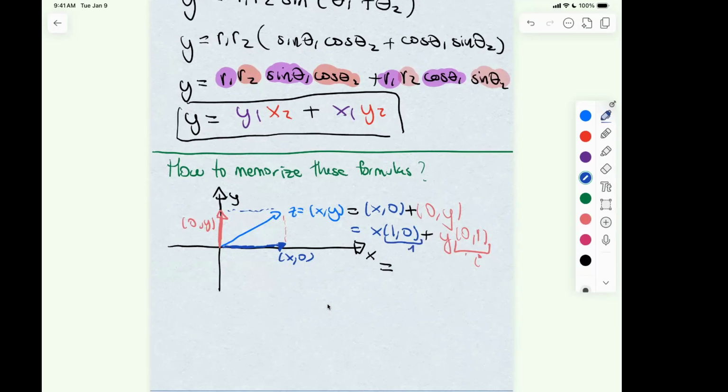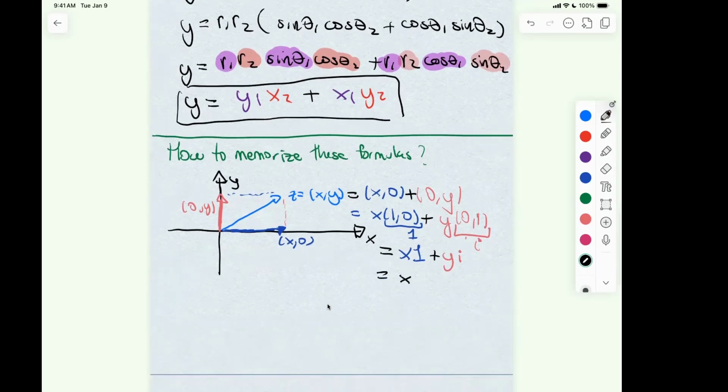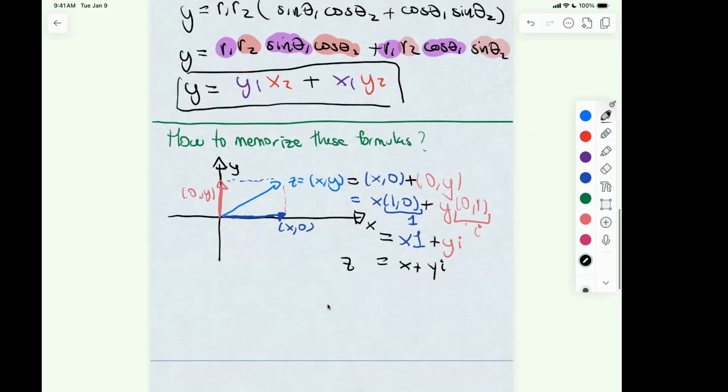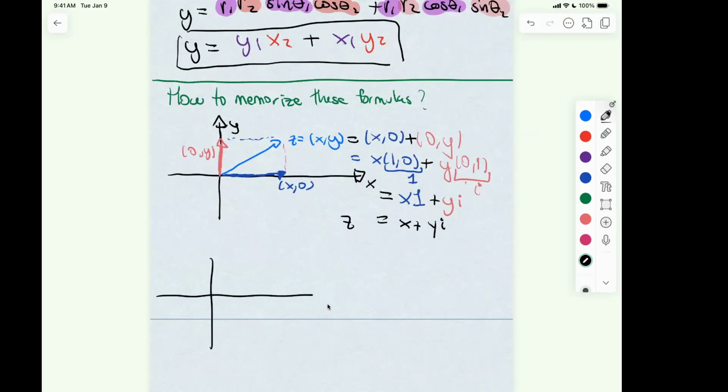So you get x times 1 plus y times i, and since no one explicitly writes 1, you just get x plus yi. Whether you put the i first doesn't matter too much, but I write it x plus yi. So this is the traditional way of expressing a complex number.